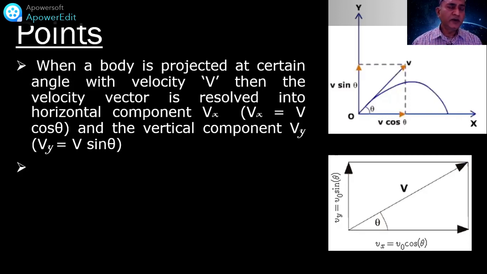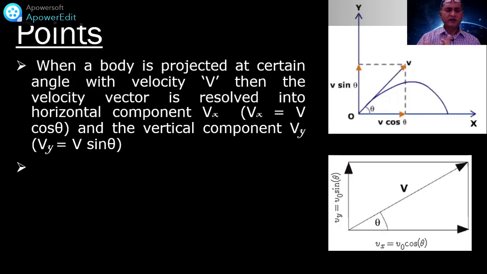You can see on the screen, when the body is projected at a certain angle with a certain velocity v, the velocity vector is being resolved into two components.